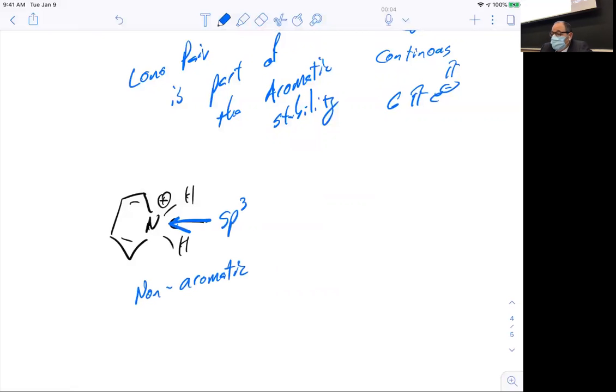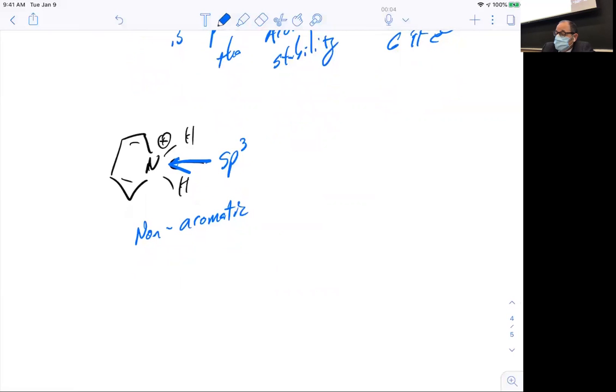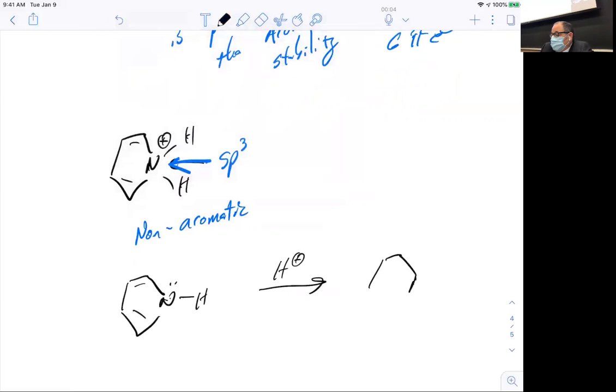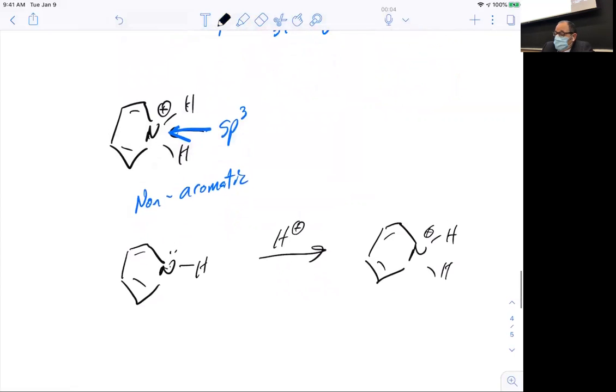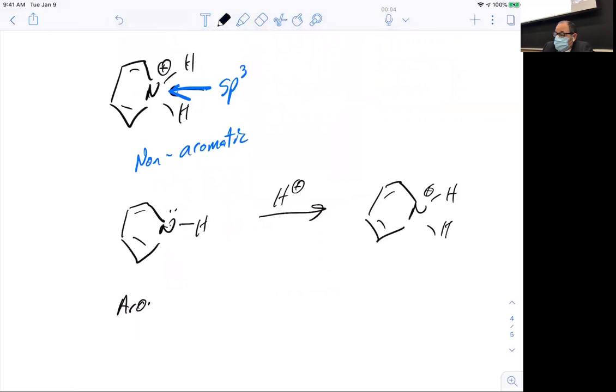So in the case of pyrrole, I'm not just going from a neutral species to a protonated species. I'm also going from aromatic, and again, think about aromatic as more stable, to non-aromatic. So therefore, the pyrrole is a much more acidic species than the other nitrogens because I'm breaking up the aromaticity.